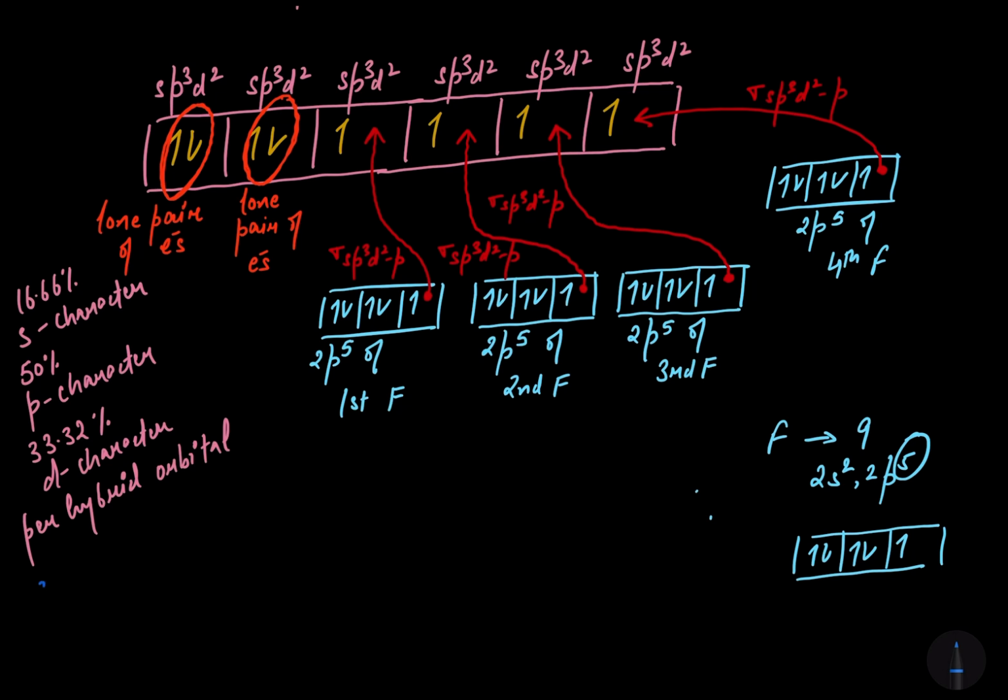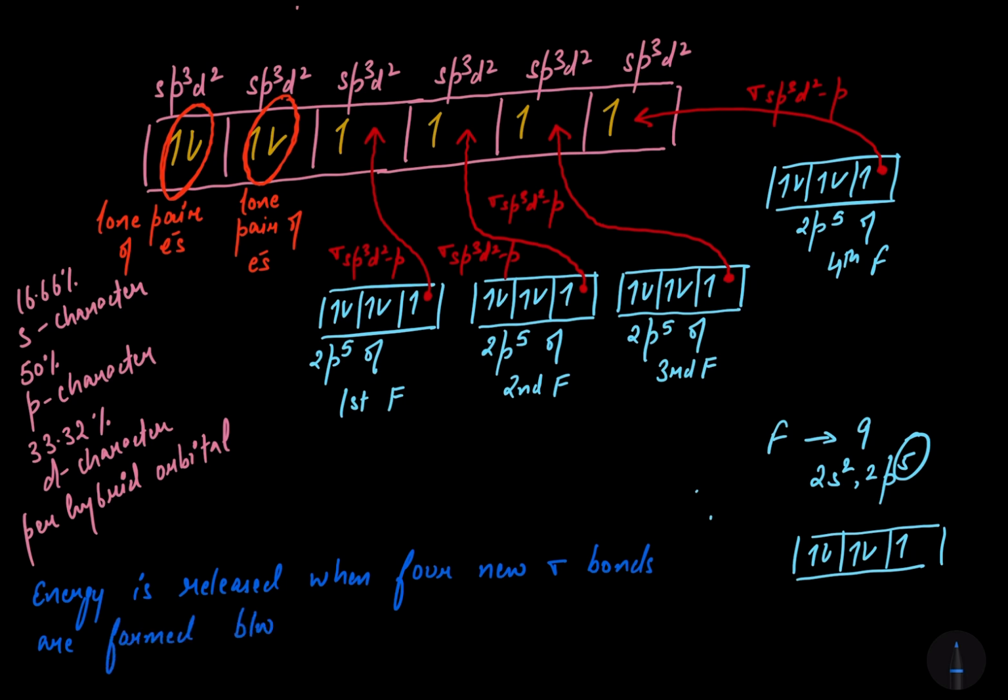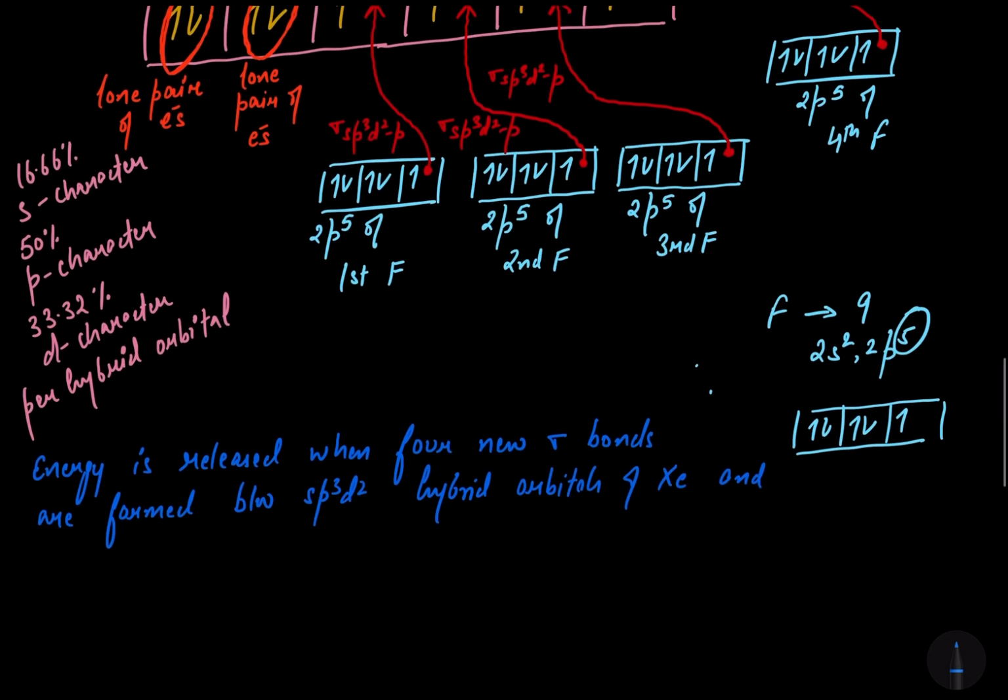So I am writing: energy is released when 4 new sigma bonds are formed between sp3d2 hybrid orbitals of xenon and 4 p orbitals of 4 fluorine atoms.